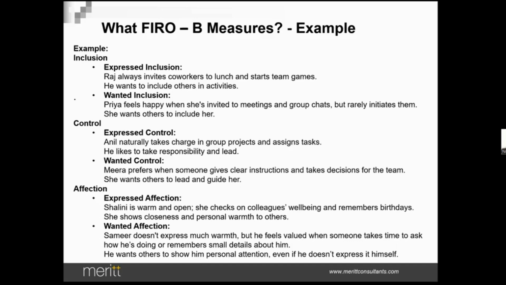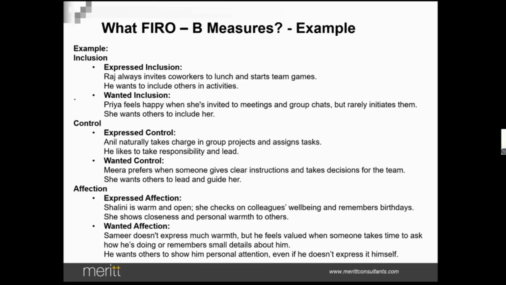He wants others to show him personal attention, even if he doesn't express it himself. His wanted affection is high, but his expressed affection is low.